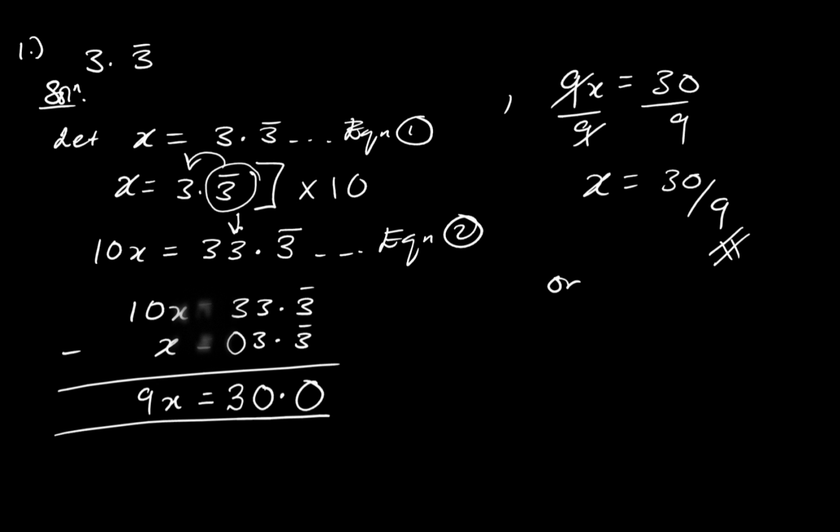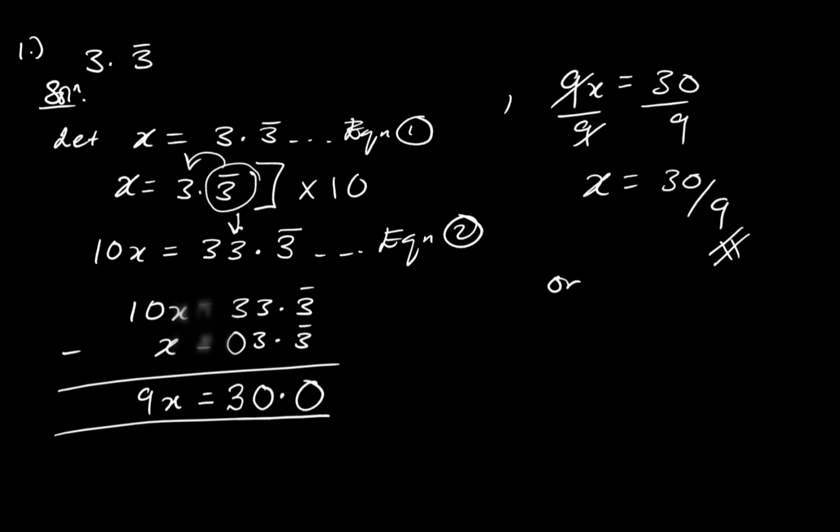Now there are times where they would ask you to express a repeating decimal in the form of a over b, where a and b are integers and are co-prime factors. What that implies is that they just want you to put the fraction you have found into its lowest term.